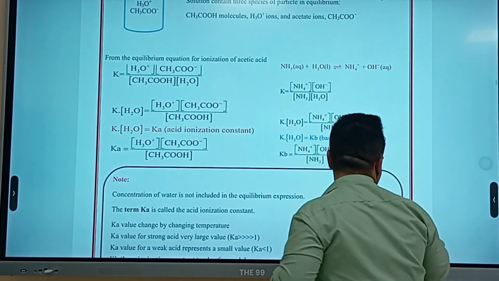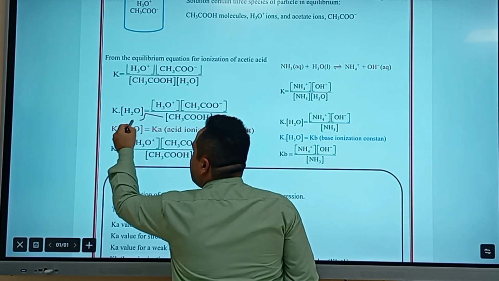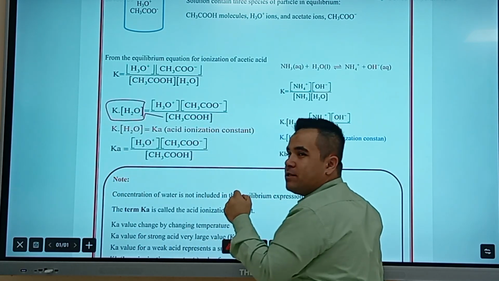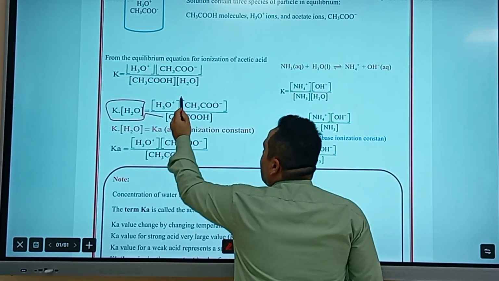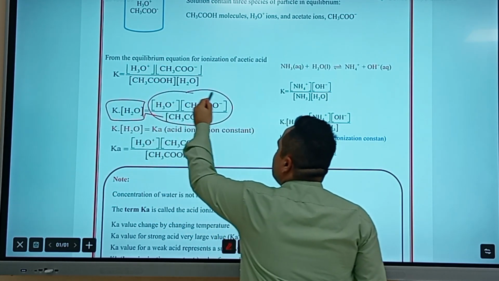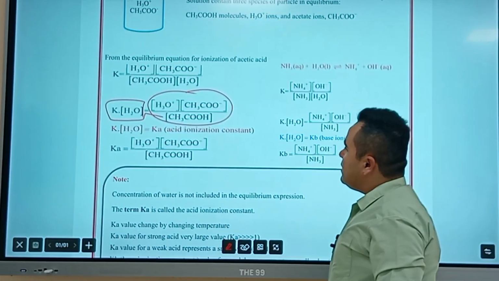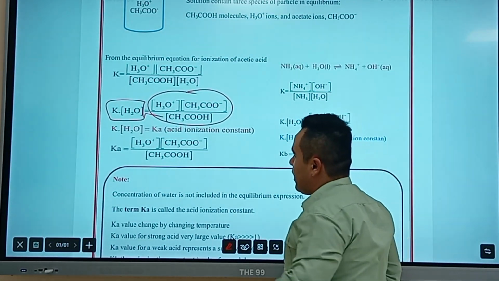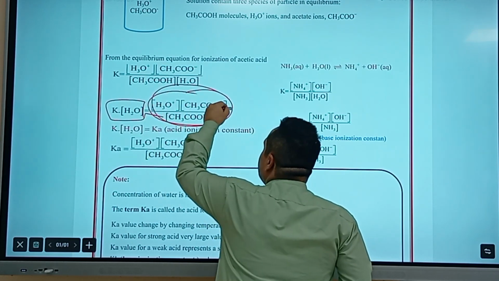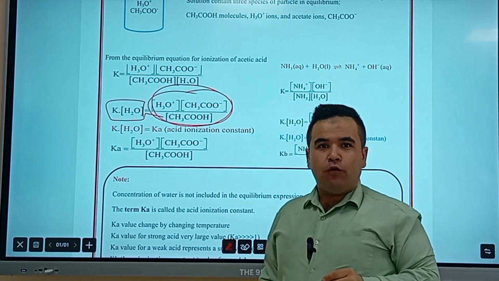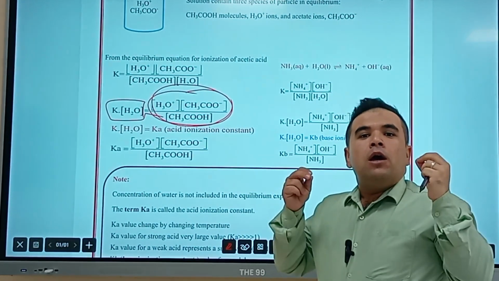Here we took the H2O with the equilibrium constant. Both are constants on the left, and then the remainder is what? Hydronium with the anion over the weak acid concentration.